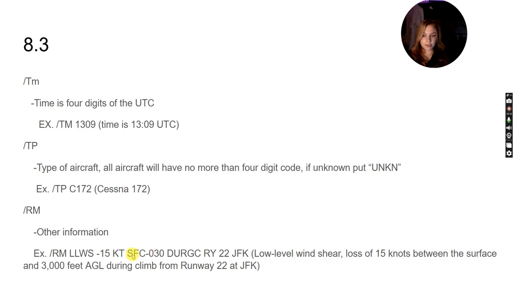That's why we got the subtraction here. AGL, during climb, DURGC, or it can be during landing, which would be DURLC. So during climb from runway 22 at JFK. So it's a lot. But you will start to understand, hopefully.